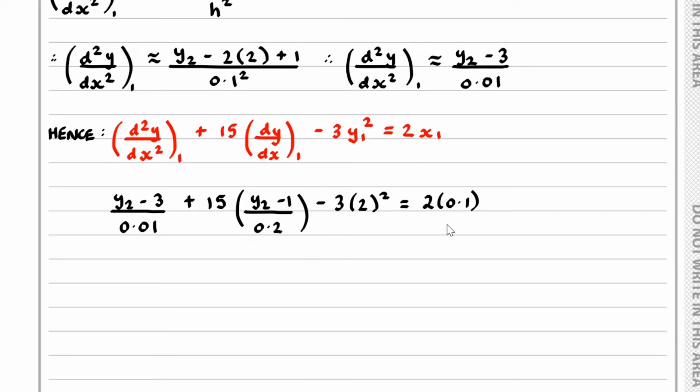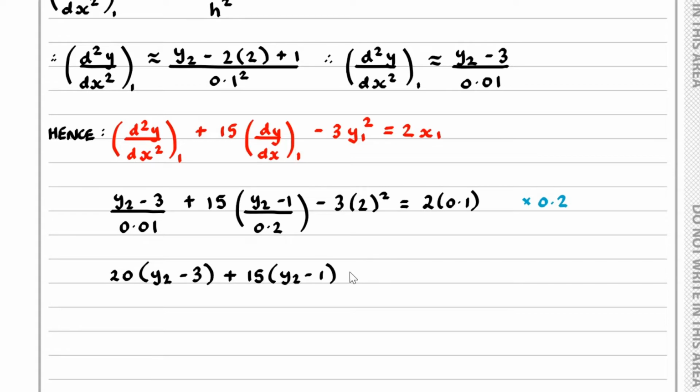And if we simplify this, we can multiply through by 0.2. And if we do that, well, 0.2 divided by 0.01, that's 20. So we've got 20 lots of y2 minus 3 plus 15 lots of y2 minus 1.